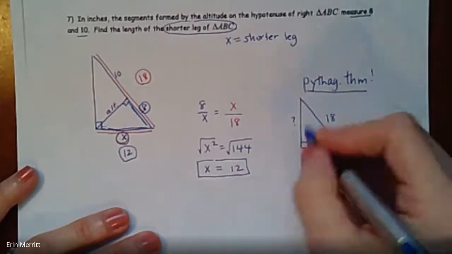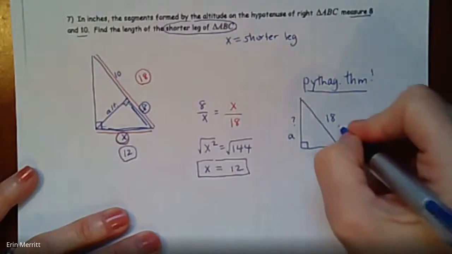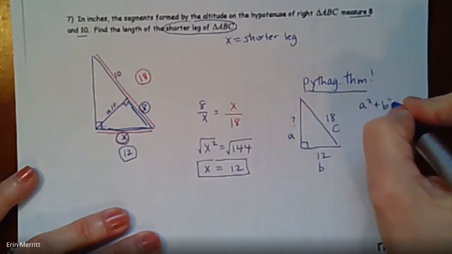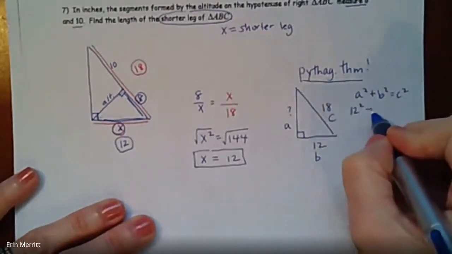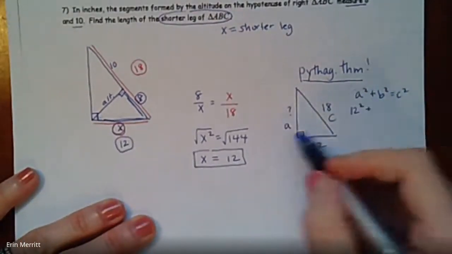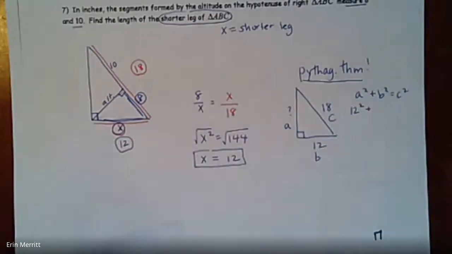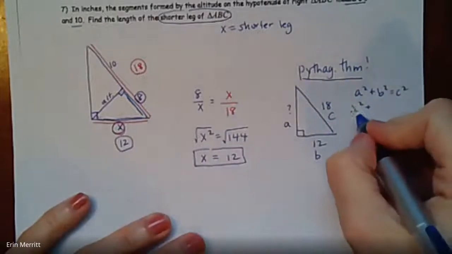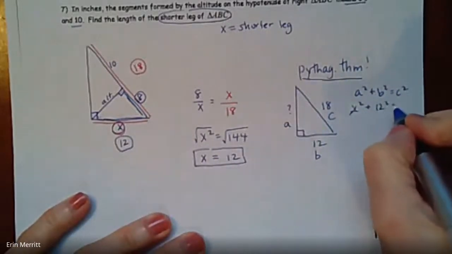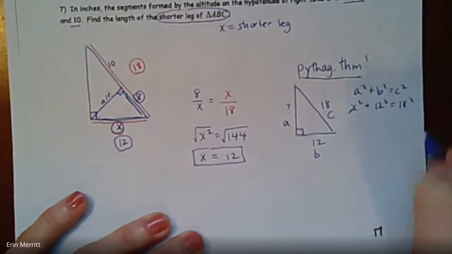So in that regard, whew, now we're going to something totally different. We'd be plugging in here to check it out. So if we do 12 squared plus, oops, I guess I should have put X there. Sorry about that. Don't want to confuse you. Let me put that here, and then plus 12 squared equals 18 squared. It doesn't matter.